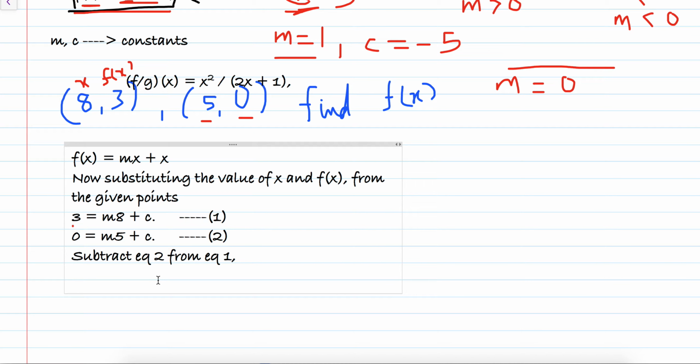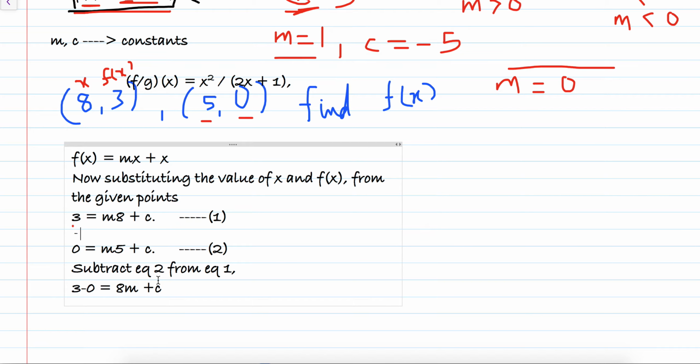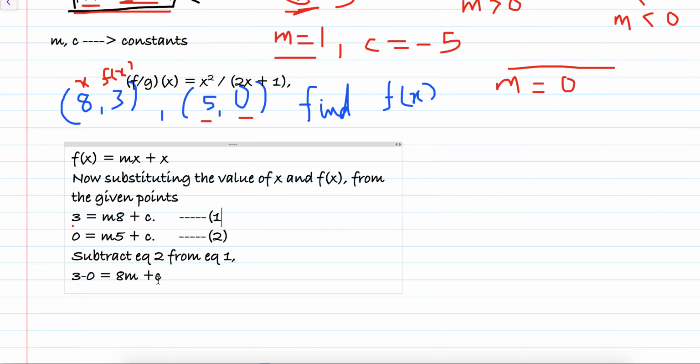Then on the left side we will get 3 minus 0 is equal to 8m minus 5m and plus c minus c.